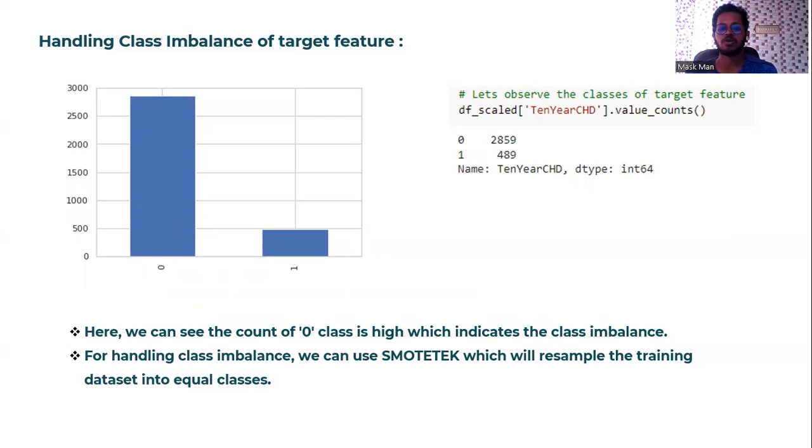If you observe, 2,859 patients have no risk, and only 489 have a risk. So here we have to resample the data to equalize those numbers of 0s and 1s. So we used SMOTE to resample the training data set into equal classes.